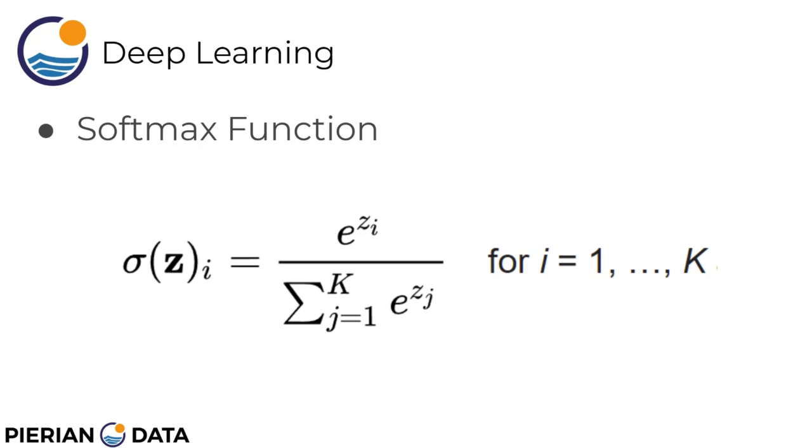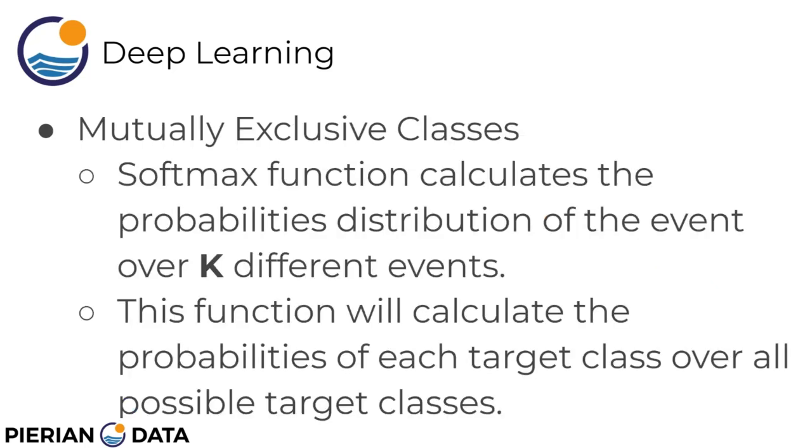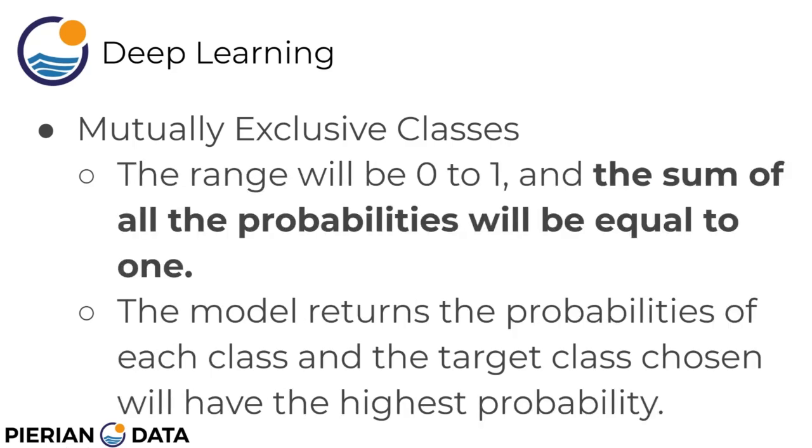Essentially, the softmax function calculates the probability distribution of the event over K different events. And in this case, K is just the different classes we have. So this function will calculate the probabilities of each target class over all possible target classes. The range will be 0 to 1, and what's really important here is that when you're using the softmax activation function, the sum of all the probabilities will be equal to 1.